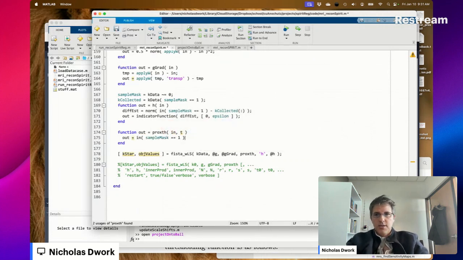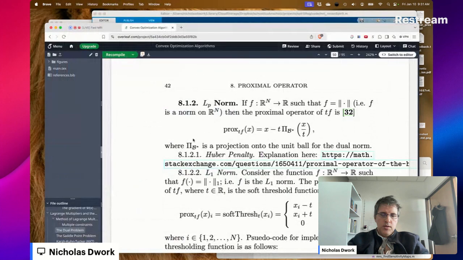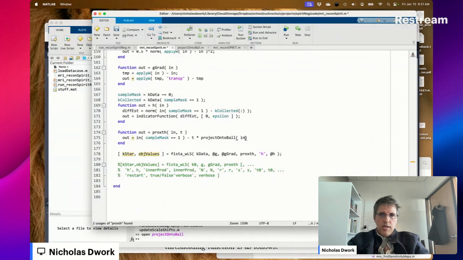If we could actually just use sample mask instead of sample mask equal 1, that would be convenient there. Times T times project onto ball in sample mask equal 1.